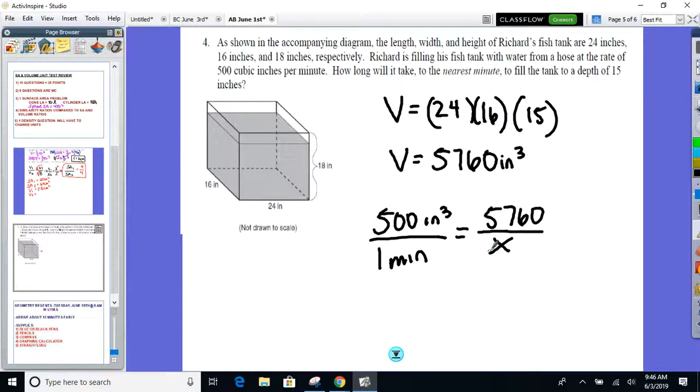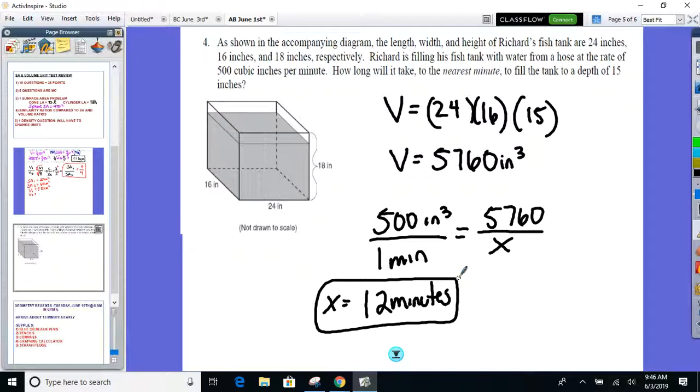How many minutes is it going to take, to the nearest minute? What do we get, Matt? 12 minutes? It's a long time to fill up that thing. You would think it'd be quicker.